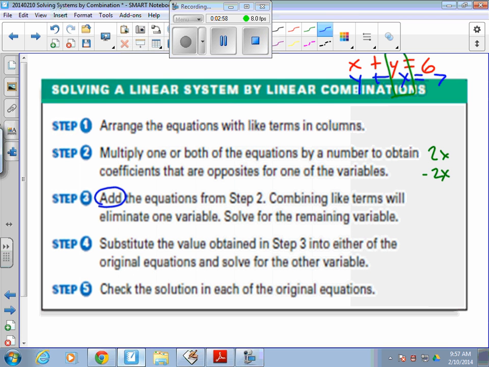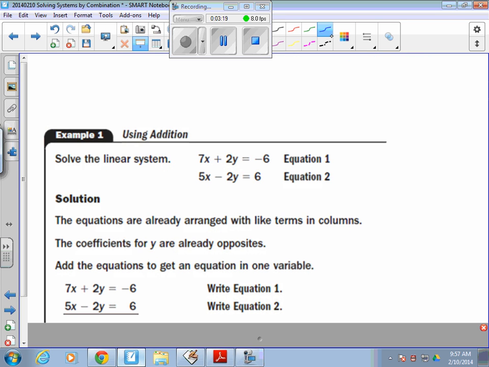I'm going to show you how that looks in just a second. And then once you have that value, say x equals 4, then you use the substitution method that we learned last week. Just plug that back into one of the original equations to get y's value. And then check them to make sure they work for both of them.